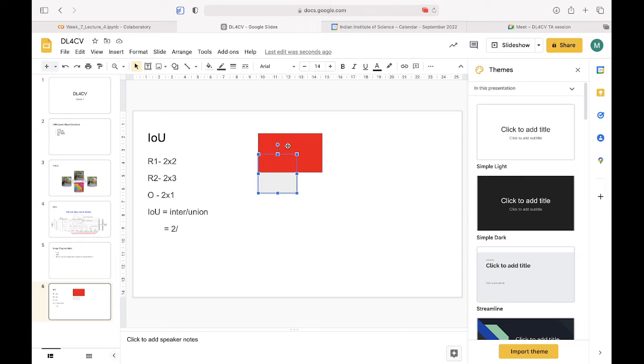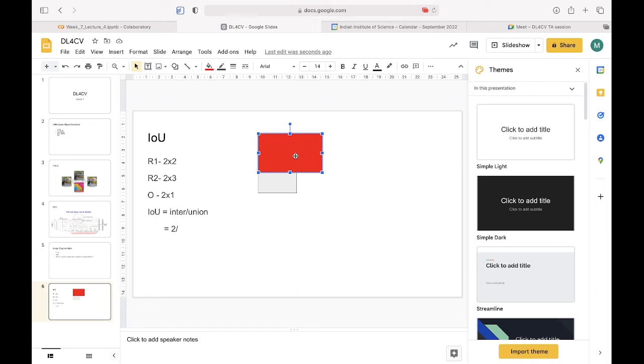So how many units are there? 2 cross 3 is just the second block. Union of both. 2 cross 1 and there are 6. Anyone?